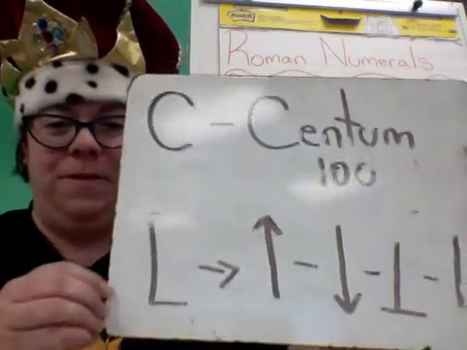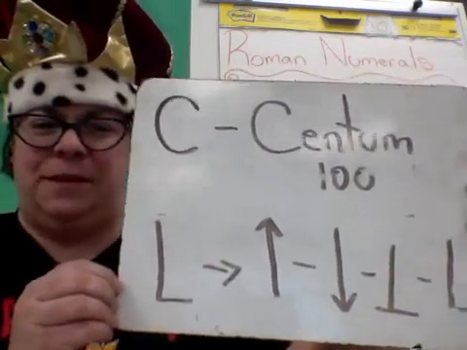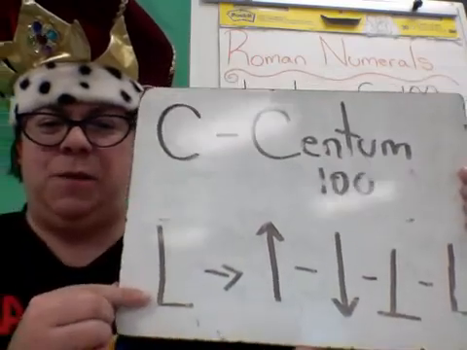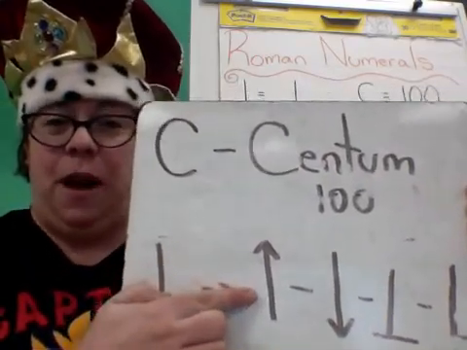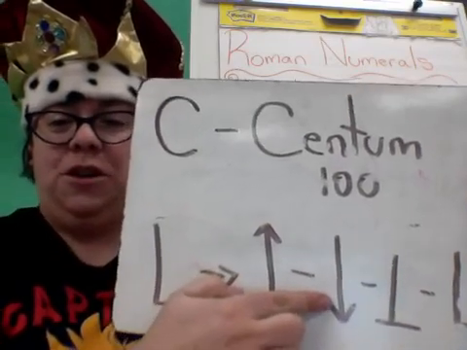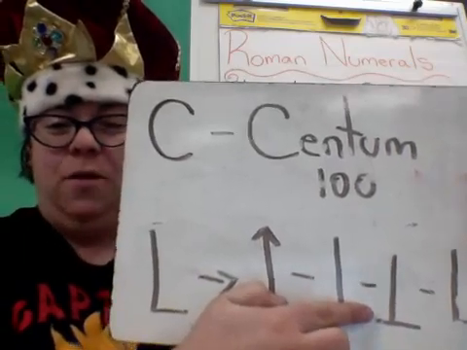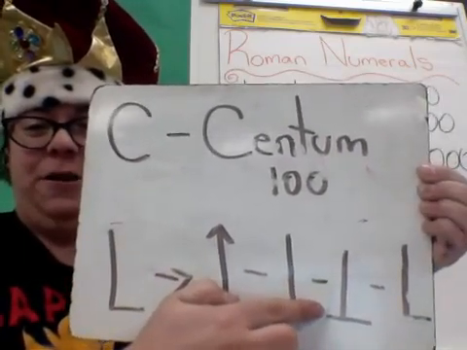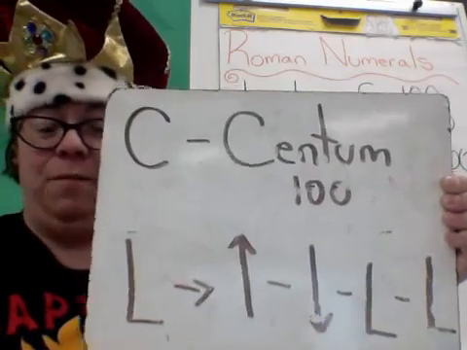The L for 50 makes a little bit less sense, I would say. This is what we know now. 50 originally was an arrow pointing up, then became an arrow pointing down, which turned into an inverted T, and then eventually lost the inverted T part altogether and just became an L.